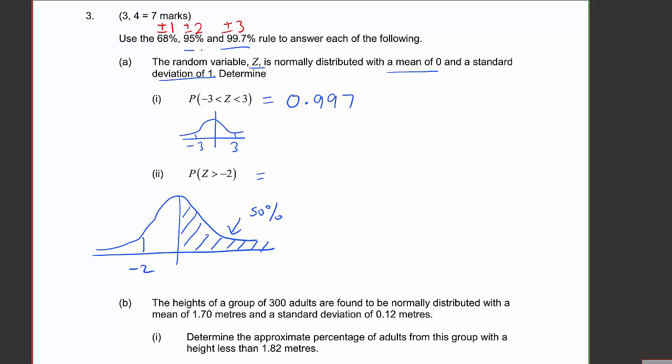Between plus or minus 2 is 95%, so this bit here must be a half of that because of the symmetry. So it's a half of 95, which is 47.5%. So here we're going to have 0.5 added to 0.475, which is 0.975.